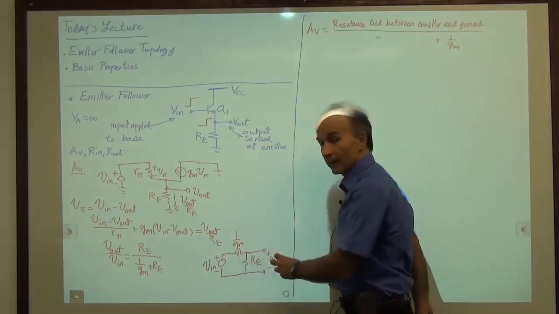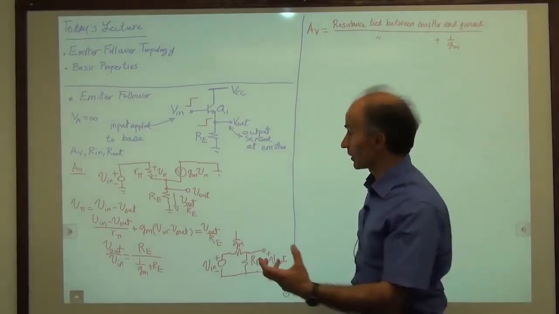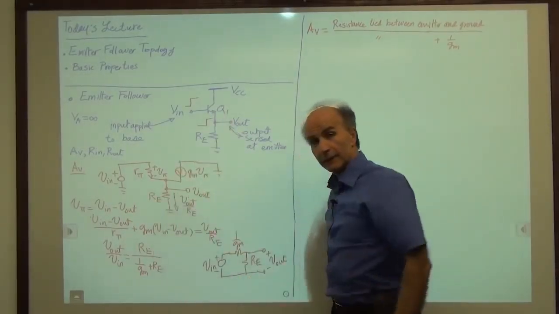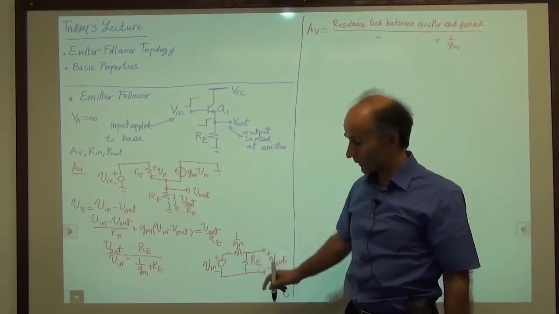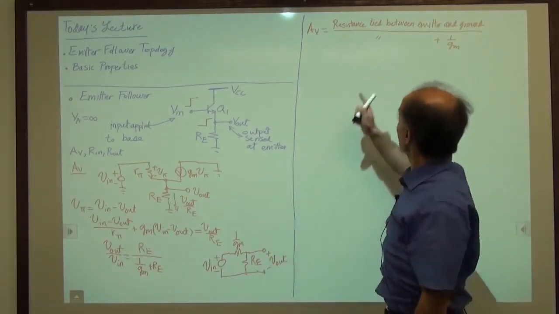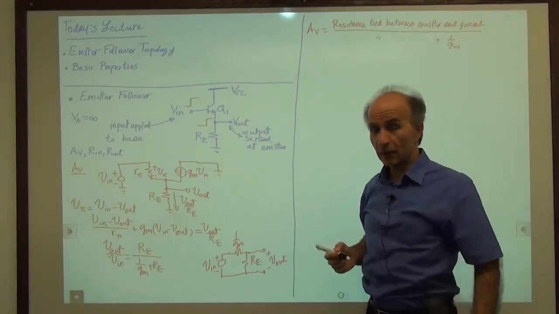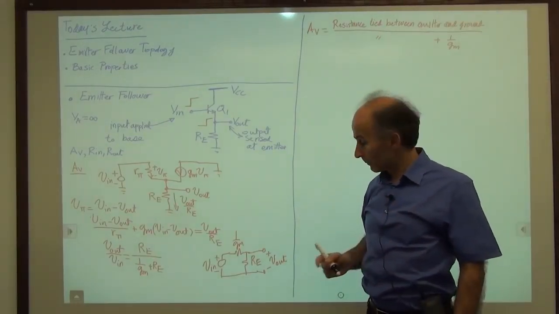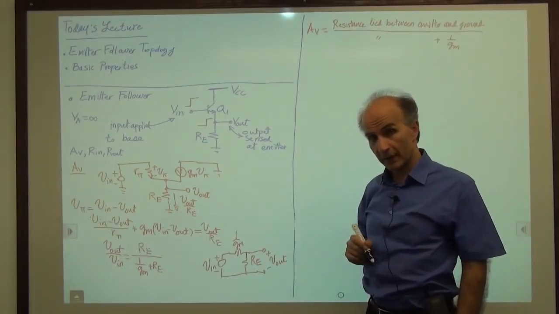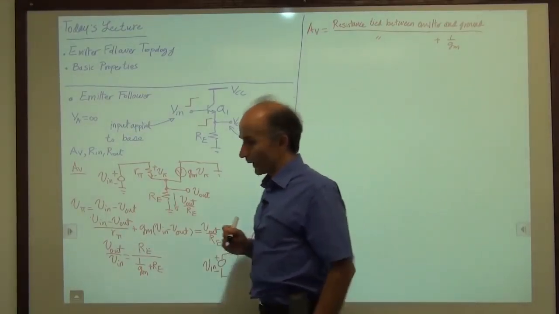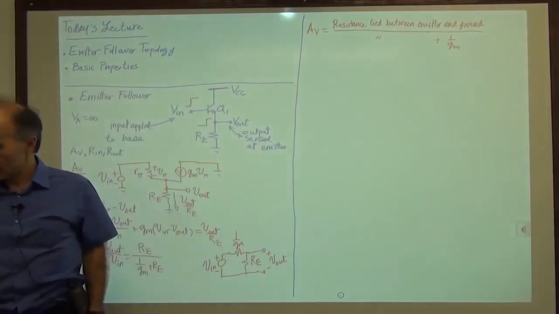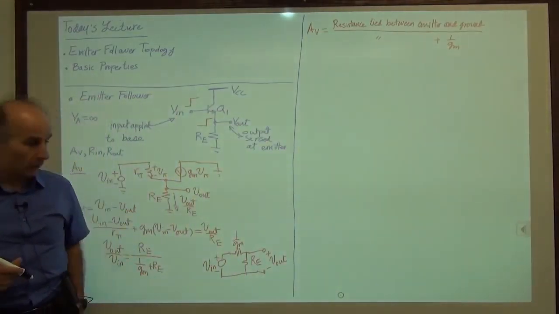So this circuit is an extremely simplified version of this circuit or this circuit. Right? Sometimes it's good to remember this. I usually just remember this equation, the way I verbalize it here, because then I can attack any problem that comes my way. But this perspective is also useful in some cases, as we will see later. Okay, so that was the voltage gain of an emitter follower.